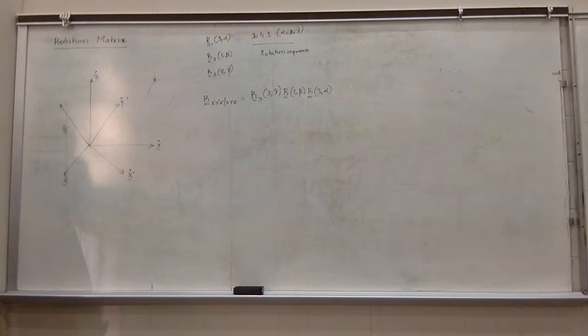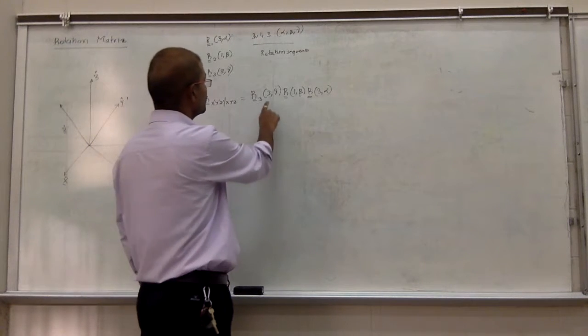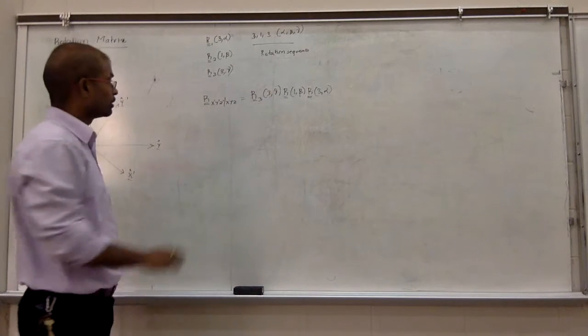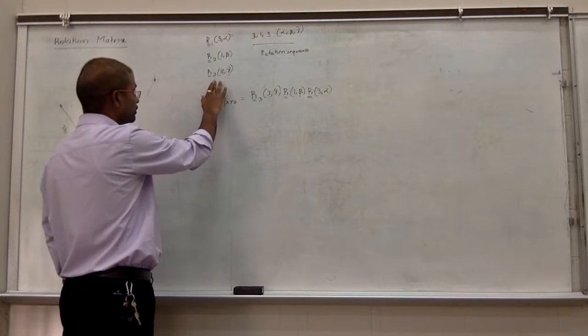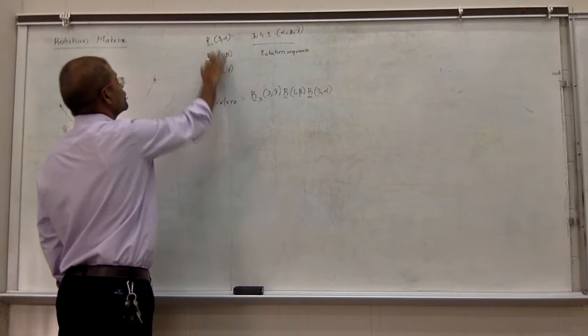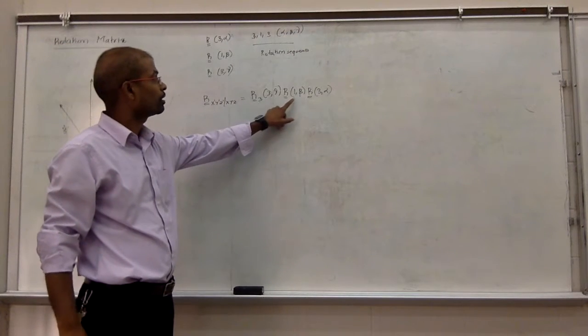Why do you have R3 on the first one? You wrote R3, gamma, R1.